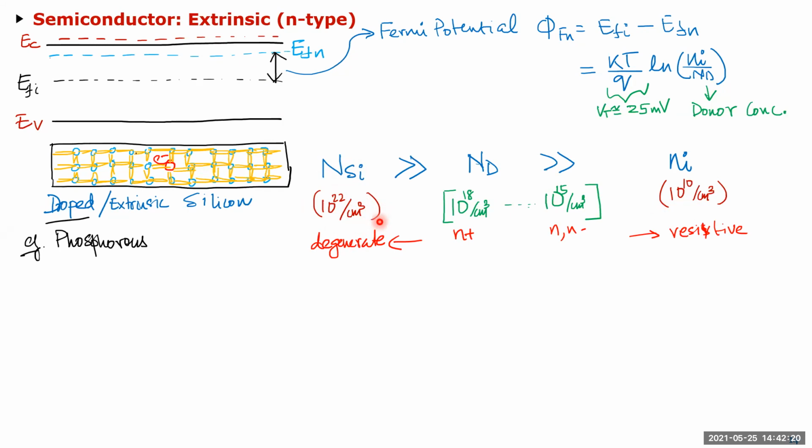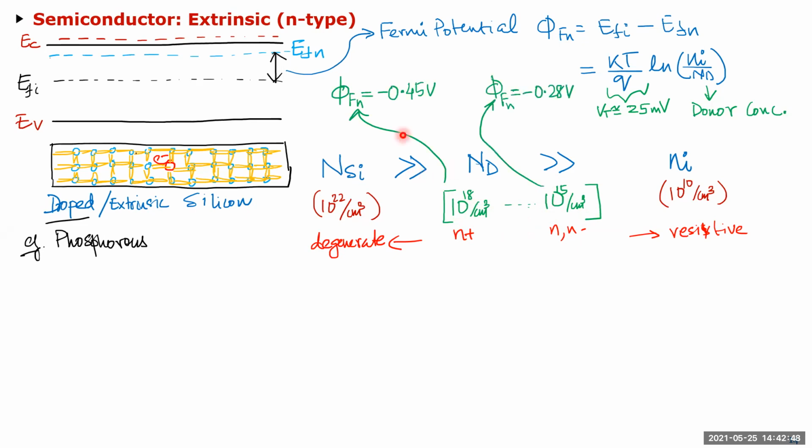These are limits people stick to, obviously from both physics as well as experiment and empirical data. If you want to heavily dope something, you want to remain in this 10 to the power 18 range. If you want to lightly dope it, then you remain in the 10 to the power 15 per centimeter cube range.